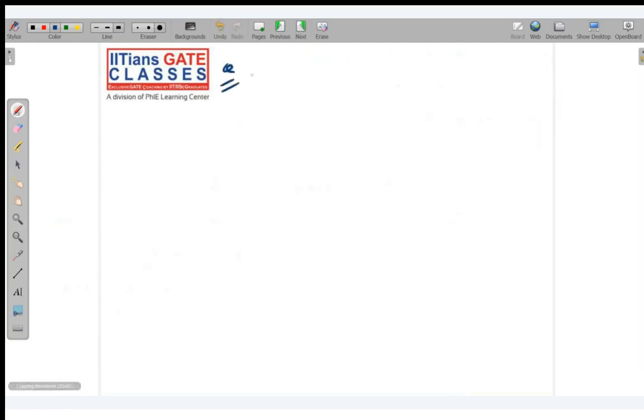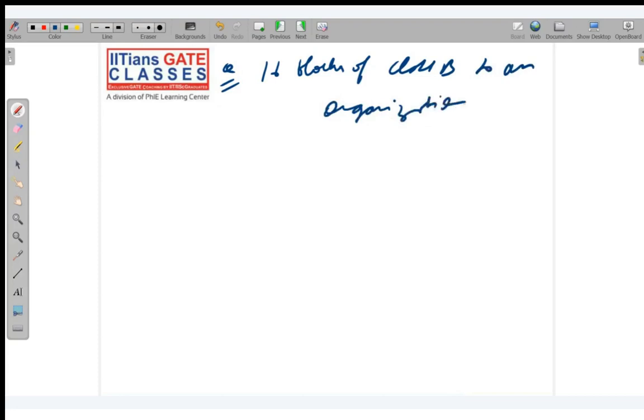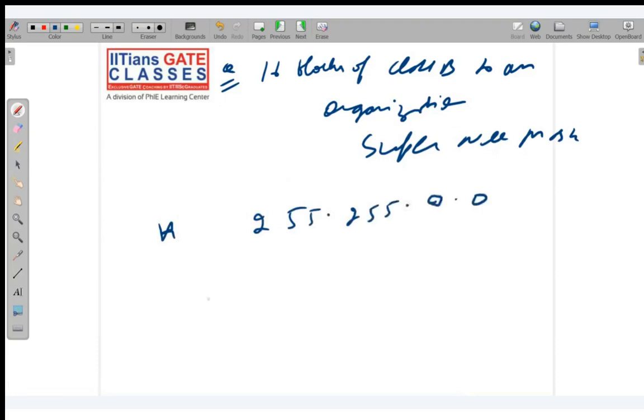Now just for the sake of completion, 16 blocks of class B to an organization, find the supernet mask. So the net mask of class B, first of all you write like this.